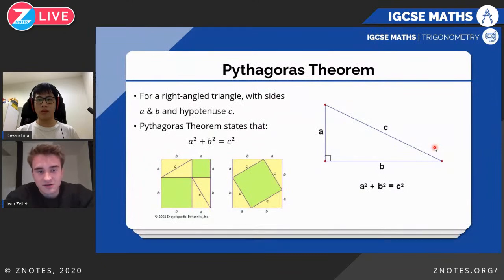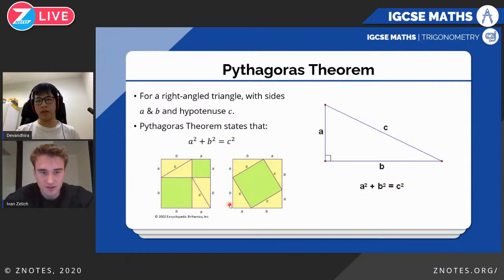Okay, Pythagoras' theorem. We've used this so many times, but there is actually quite a nice proof of Pythagoras' theorem. So basically, this is the triangle ABC.